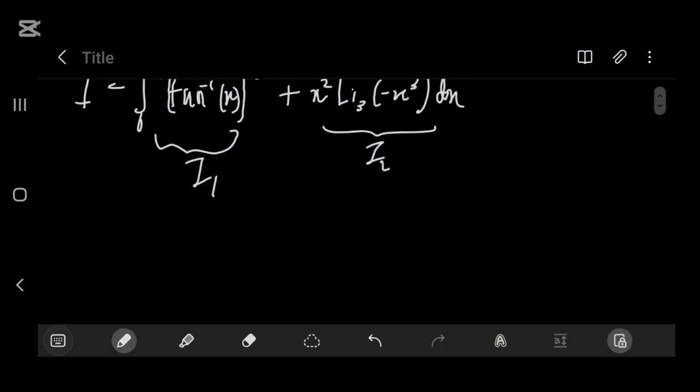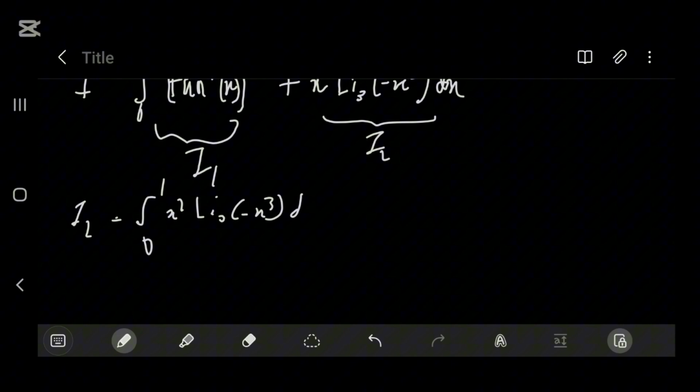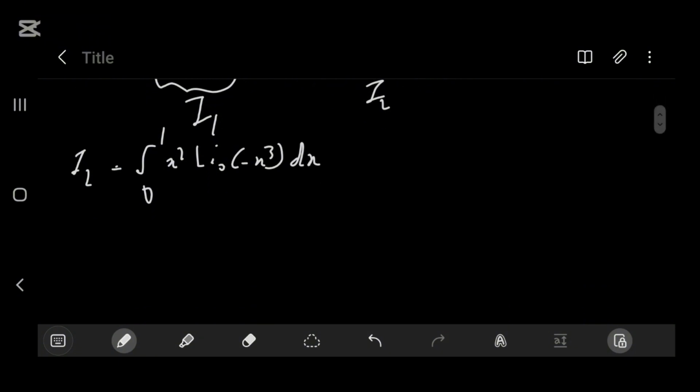Taking that I2, which equals the integral from 0 to 1 of x squared trilogarithm of minus x cubed dx, let's do a little substitution. Let x cubed equal t, and we'll have 3x squared dx equals dt.